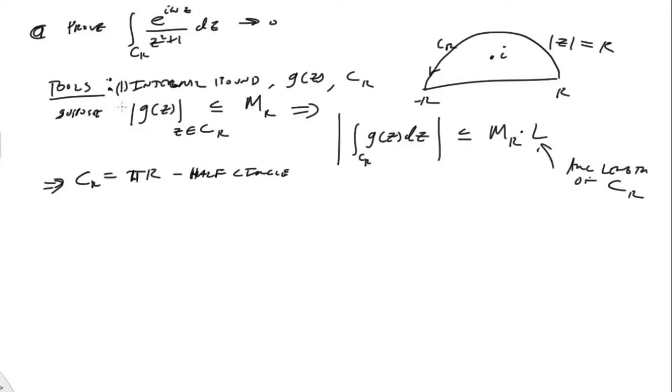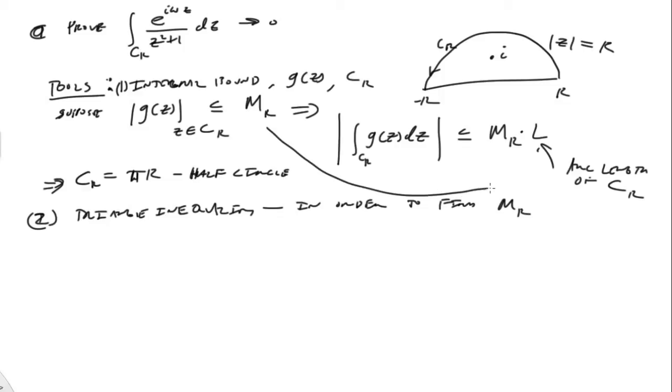The second tool is the triangle inequality, and this is in order to find M_R. Recall that if we have something of the form z plus a over z plus b, where a and b are complex numbers and z is a complex number as well, we can always bound it using the two versions of the triangle inequality.